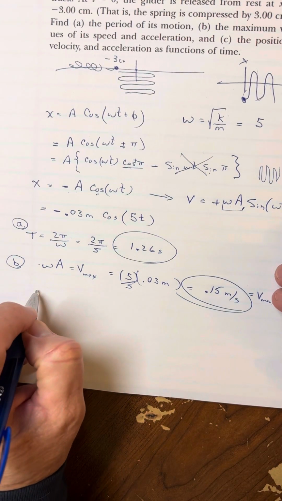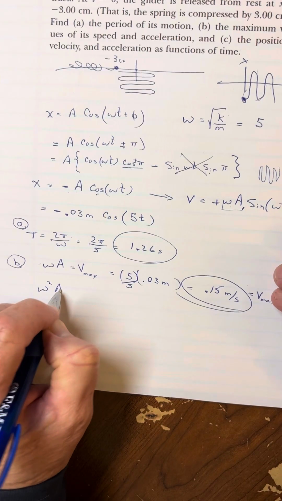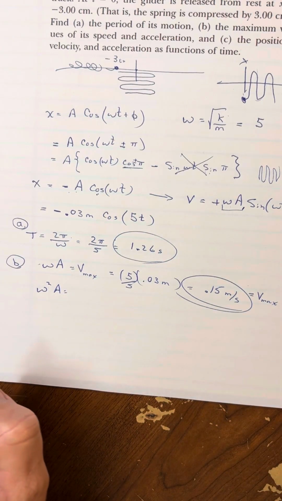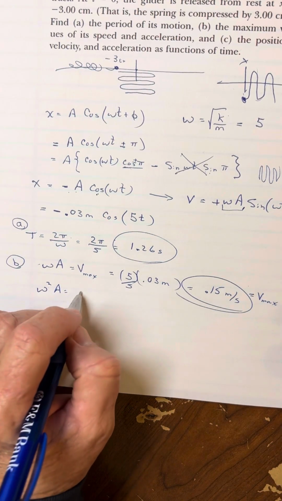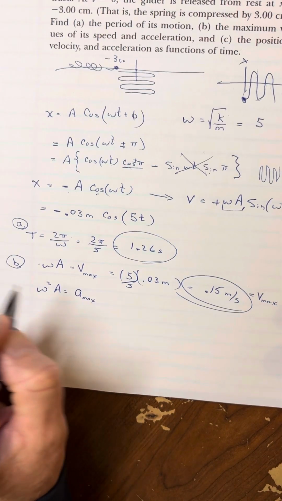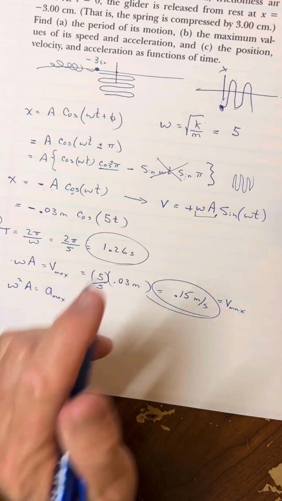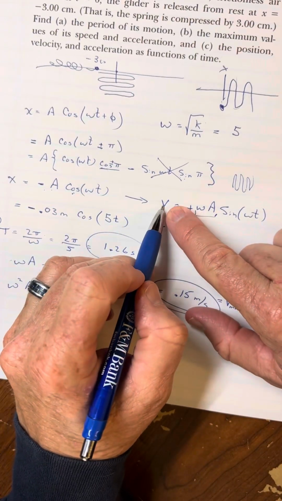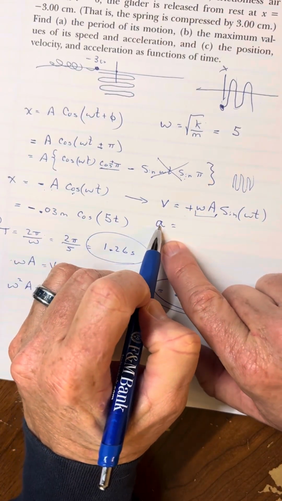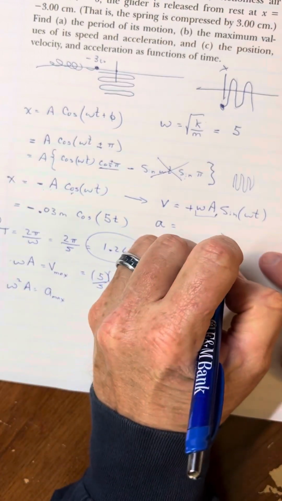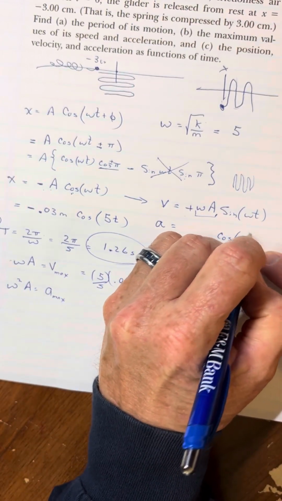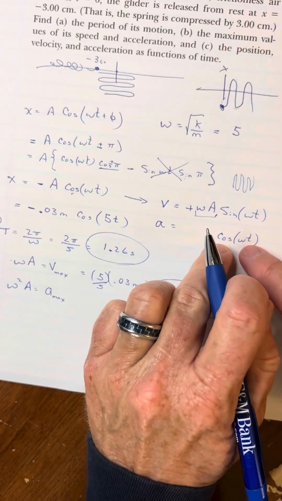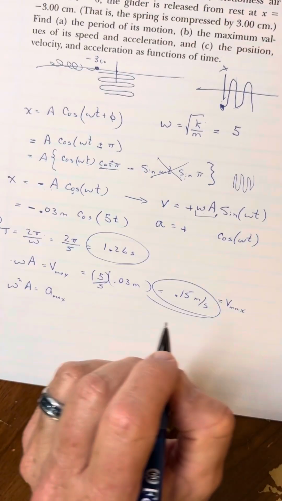Now, acceleration comes out to be omega squared A for its maximum. To prove that again, I'll just take the derivative one more time. The derivative of velocity is acceleration, and the derivative of a sine function is a cosine, a plus cosine, so this is still a plus.